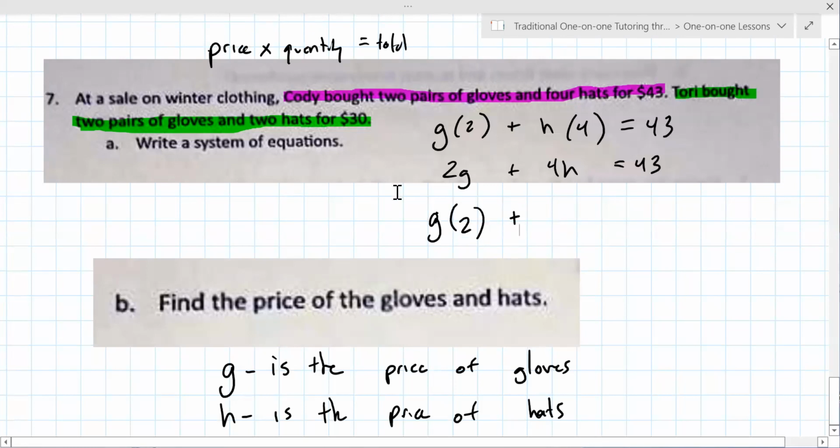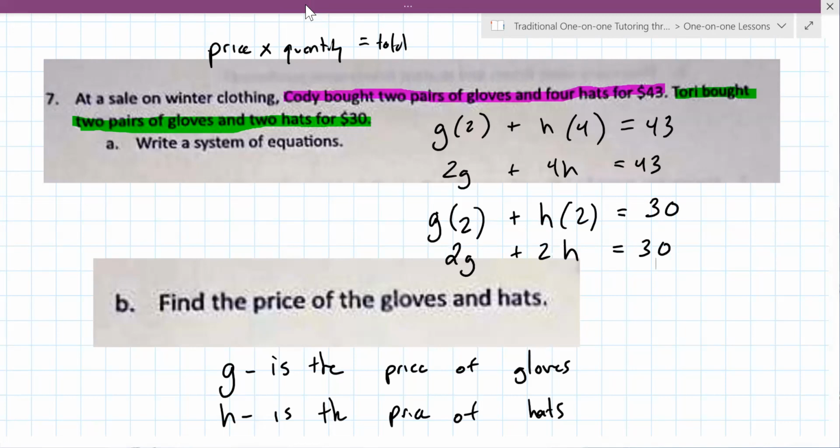Now, the same question, except it's now with hats. What did we use to represent the price of hats? H. And how many hats did she buy? 2. And she spent $30. So again, it's better to put the number before the variable. 2G plus 2H equals 30.